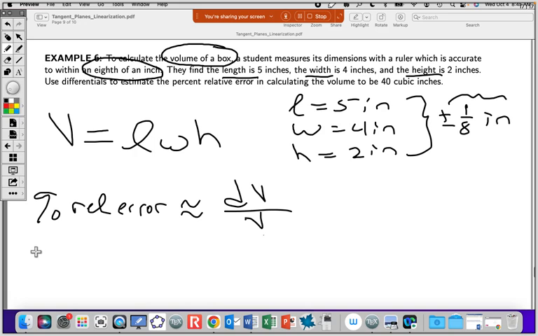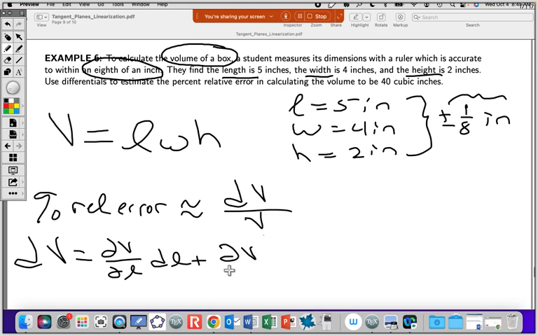So to get to the dV, I take the partial derivative of V with respect to L, dL, plus the partial derivative of V with respect to W, dW, and the partial derivative of V with respect to H, dH. So there's my differential expansion there.